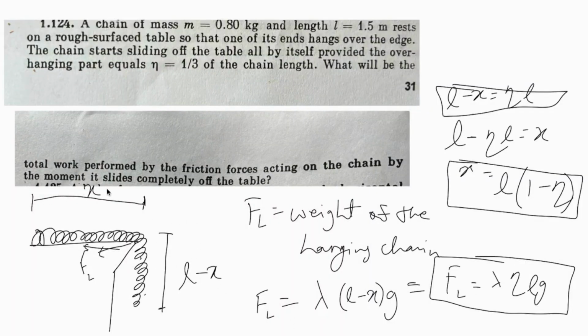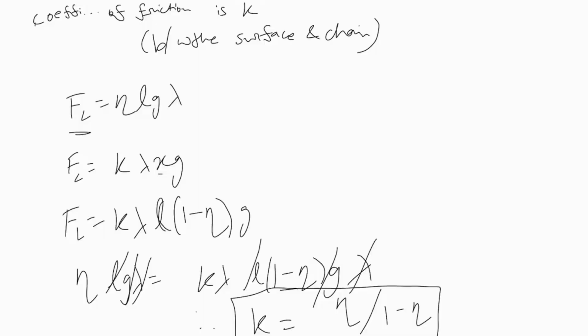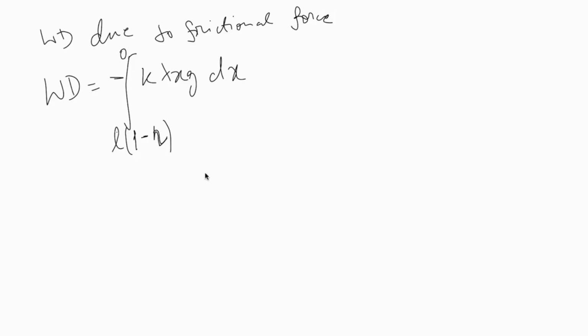See, first it was x, and this completely. So initially, x is the length of the chain which is present on the table, and finally it has fallen completely down to the ground.